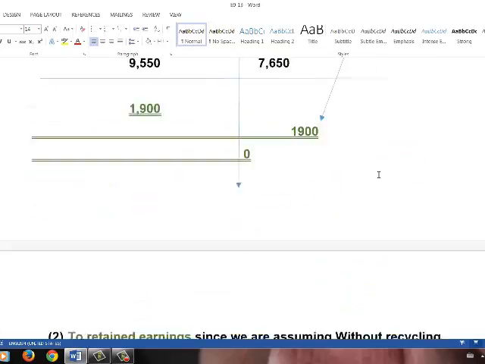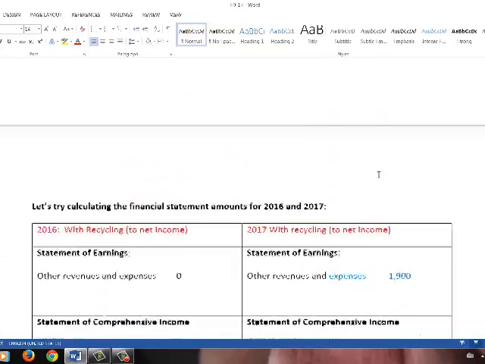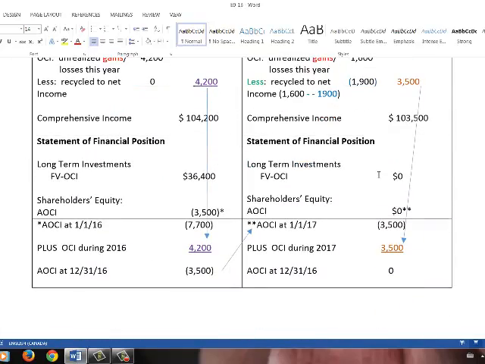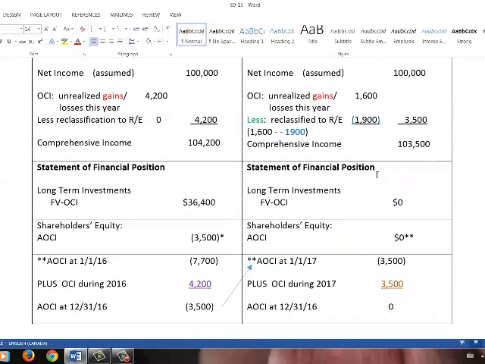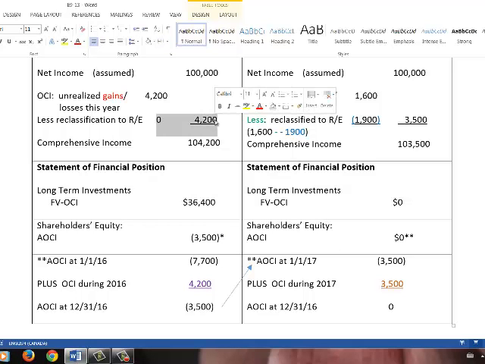So now when I get down here into my statements, again, that 1,800 netted out against that 9,550 is going to give me negative 7,700 in my AOCI. I add in whatever I put into OCI this year, which is 4,200, which gives me negative 3,500.